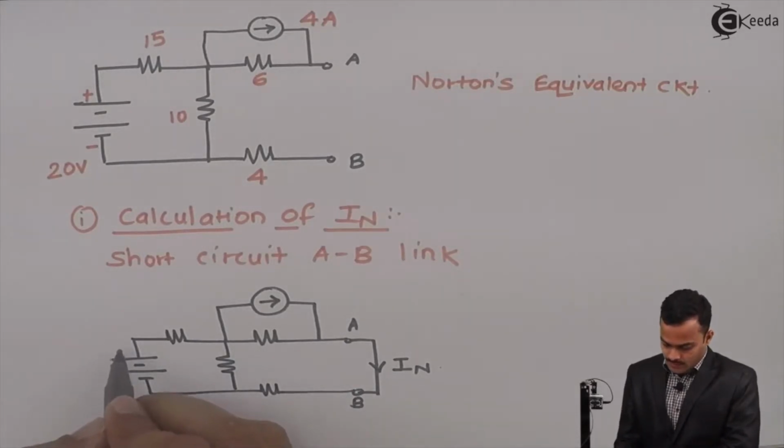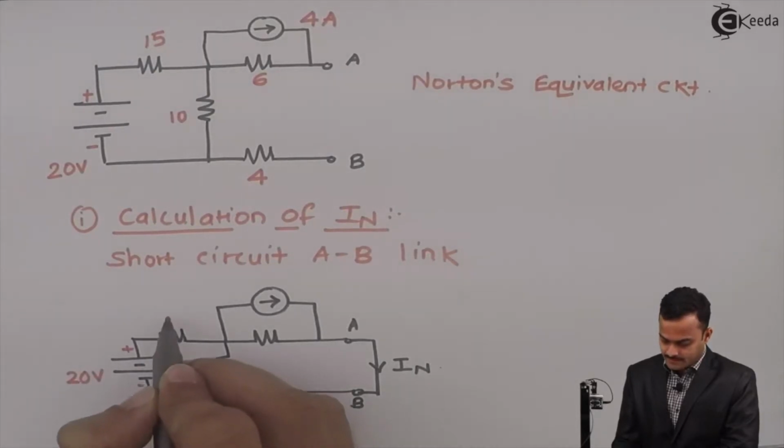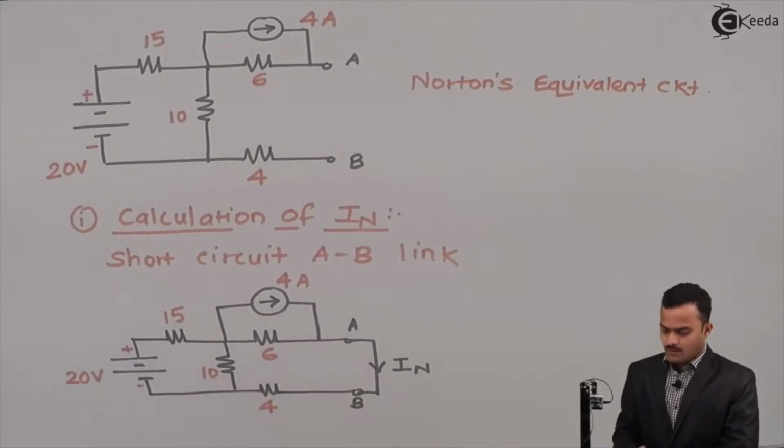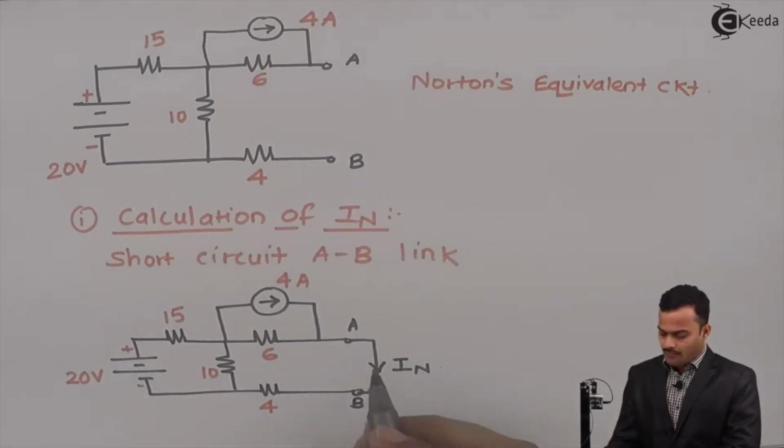Once again I am writing the values of all the respective elements. We are supposed to get IN either by mesh analysis or nodal analysis. So let's find the value of IN using mesh analysis.